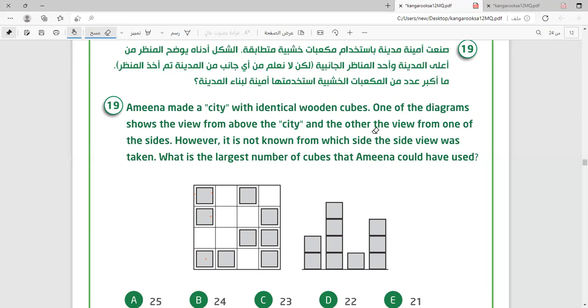However, it's not known for this picture, meaning they don't know where it's taken from: up, down, or the sides. So let's start, because it's so easy and simple. You just need to have confidence in yourself, because you see that it's really easy.